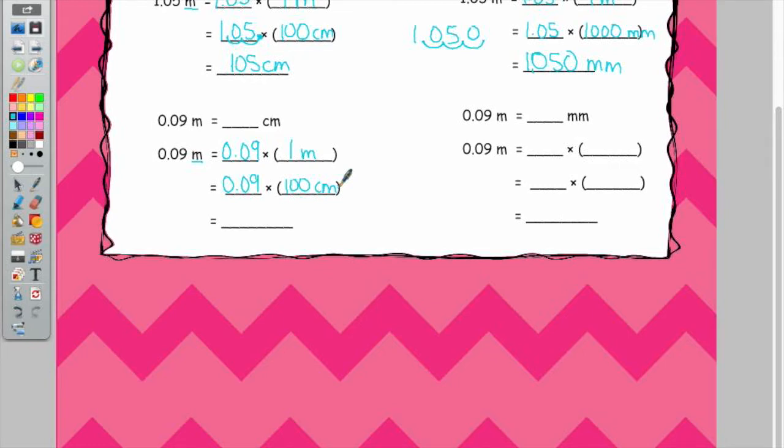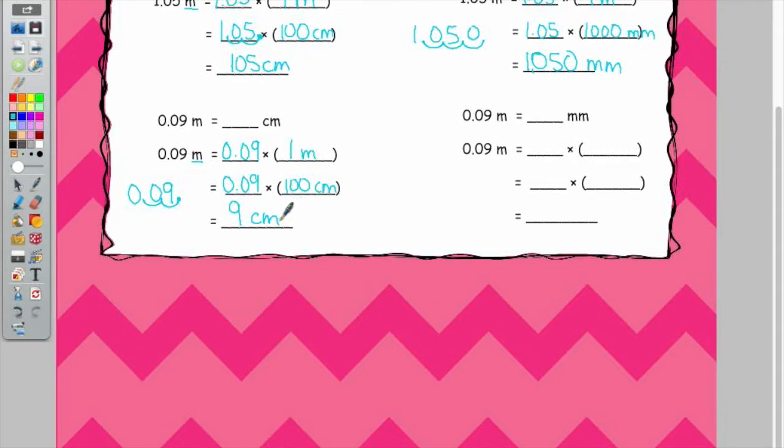Okay. So if I do the decimal hop on this, watch me. 1, 2. What's my answer? So in 9/100 of a meter, you have 9 centimeters. Wow. I know. I love the metric system. It's just so easy to work with.